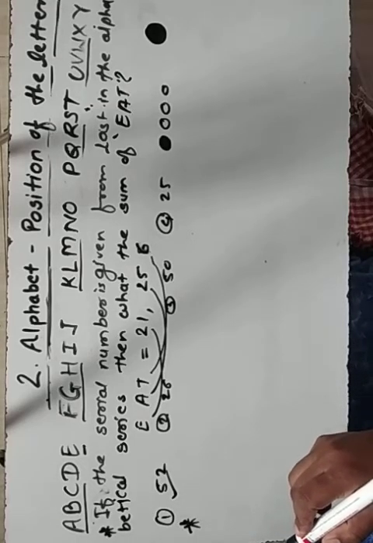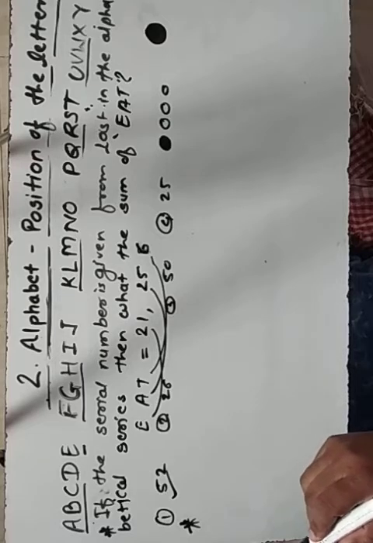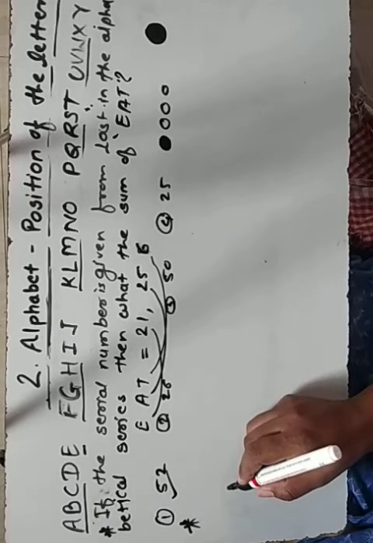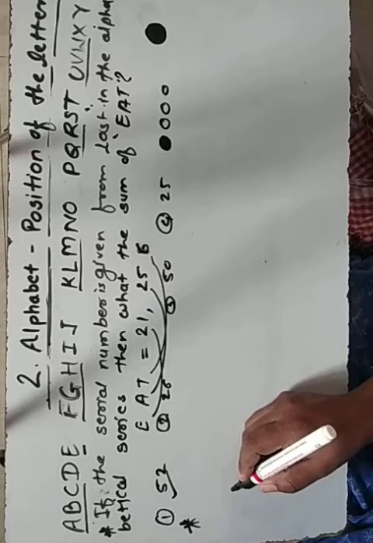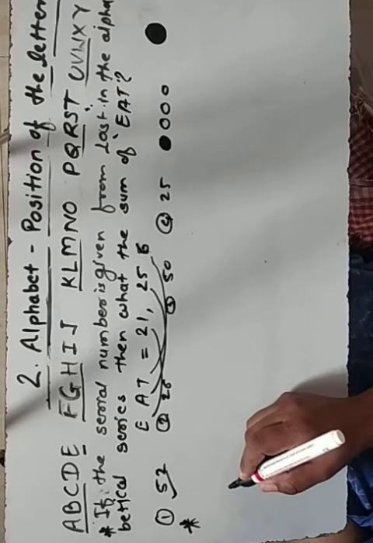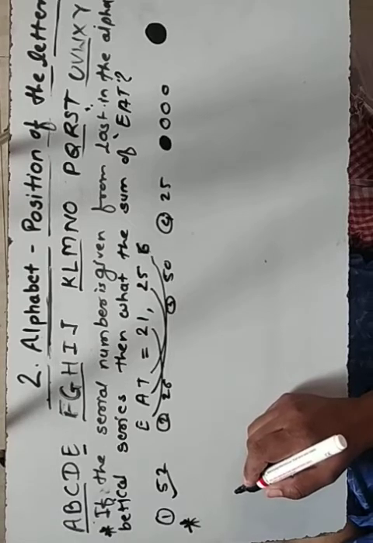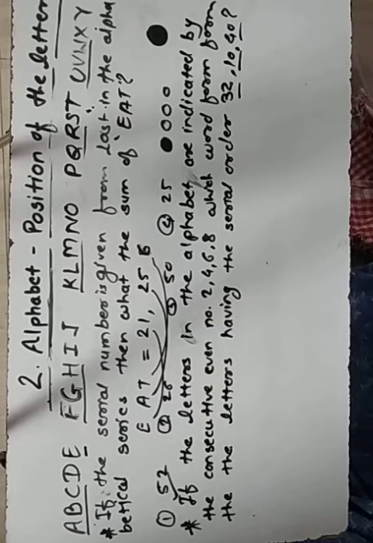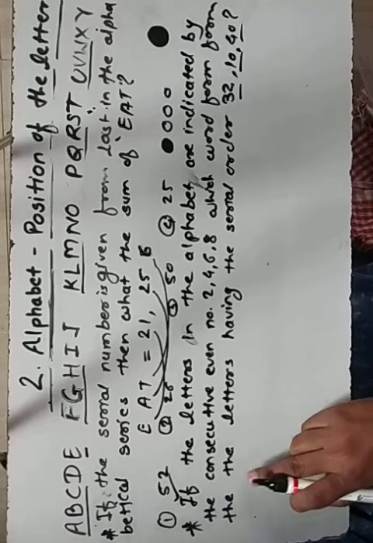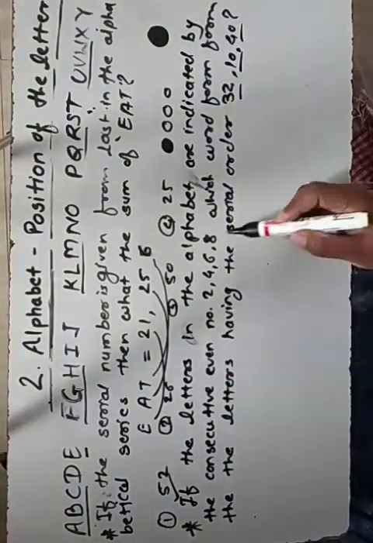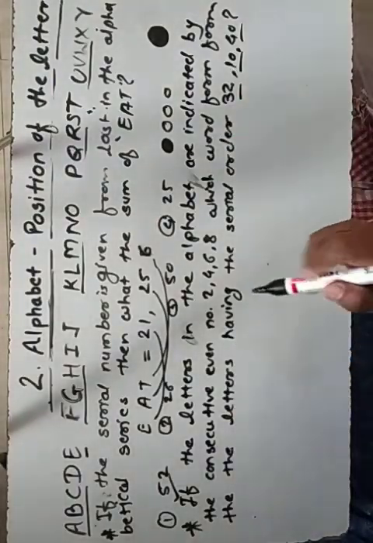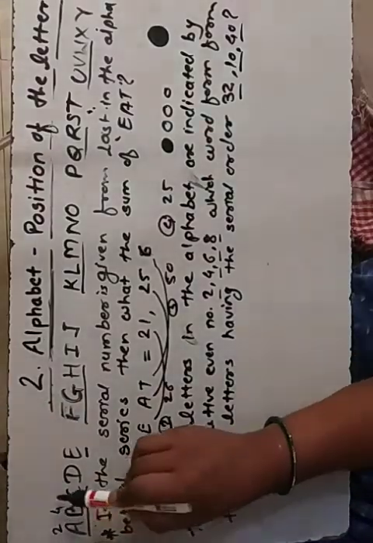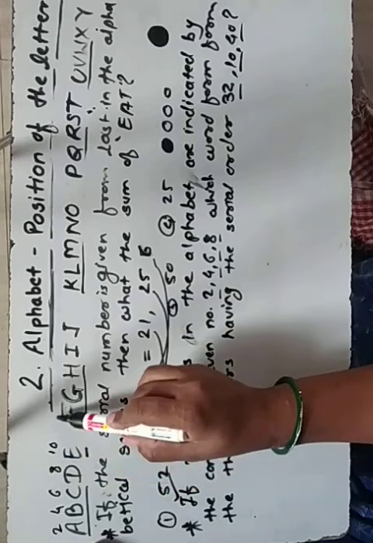Now here is one question. If the letters in the alphabet are indicated by consecutive even numbers, that is 2, 4, 6, 8, meaning A is at first position so it is 2, then 4, 6, 8, then the next even number is 10, then 12.